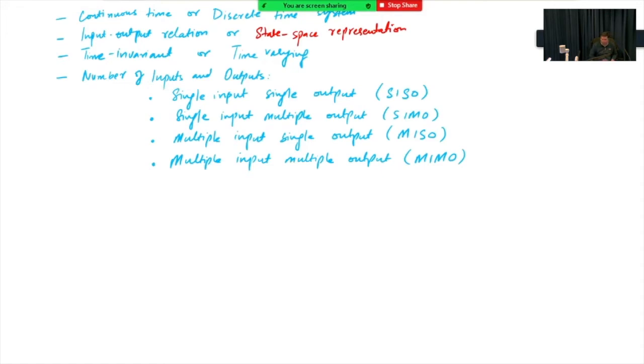So now that we have seen a system and the different types of systems that we can have, we can actually look at the control of the systems. So one type of control system is called the open loop control systems.